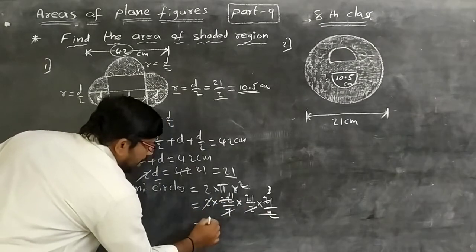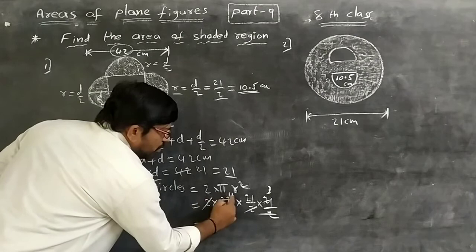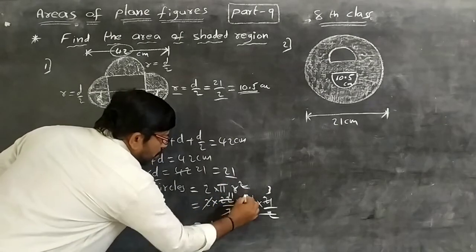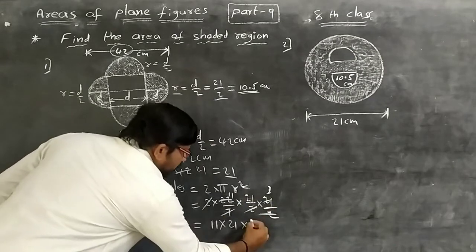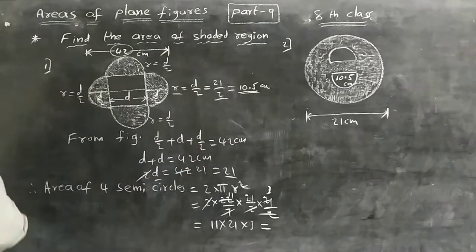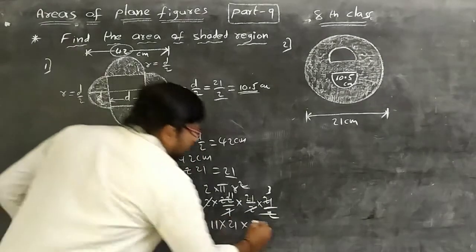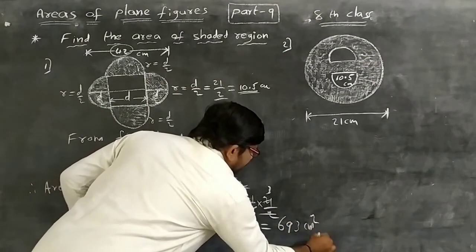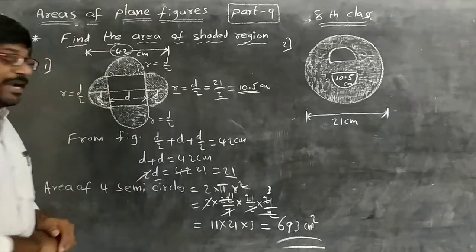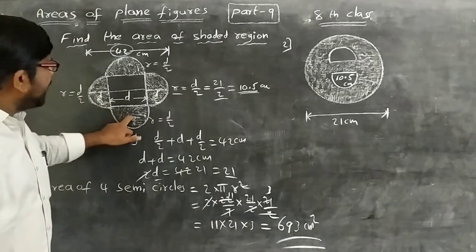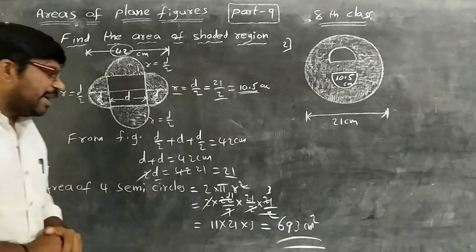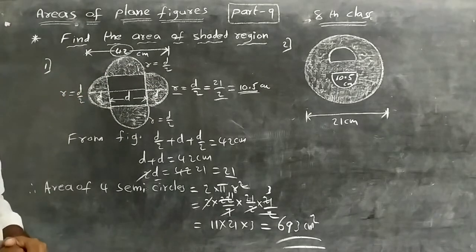Now we finally have 11 into 21 into 3. The total value is 693 centimeters square. That is the area of the shaded region in the plane figure. Have you understood?